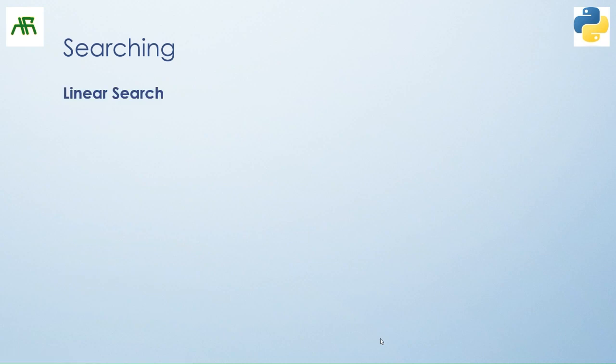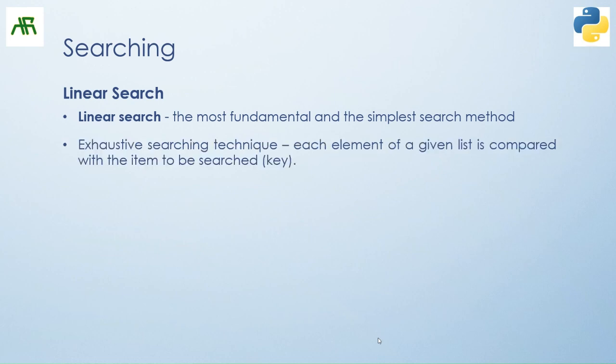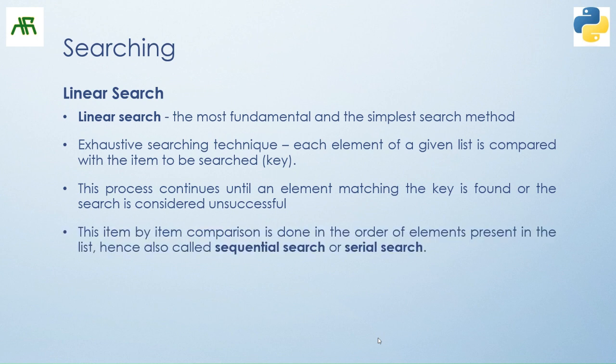Let's go over each search in detail. First, linear search. As we saw, it's the most fundamental and simplest search method. It's an exhaustive searching technique. Each element of a given list is compared with the item to be searched, which is the key. This process continues until an element matching the key is found or the search is considered unsuccessful.